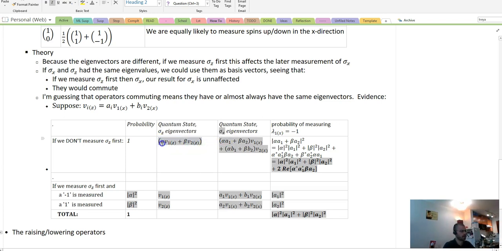Alpha squared is the probability that we're in the up spin in the z direction. This alpha also has a phase, i.e. it could be plus or minus 1, or it could be imaginary. Beta squared would be the probability that it's down spin in the z direction.